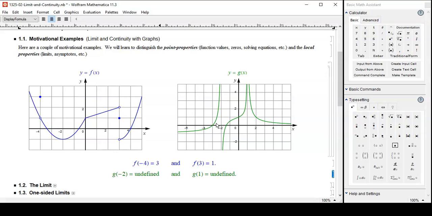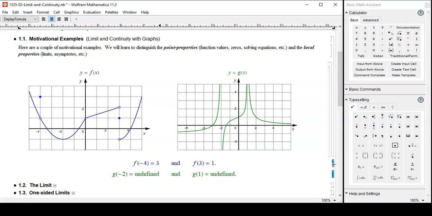To the left, blowing up to positive infinity. To the right, going down to negative infinity. See that? Around x equals 1, to the left, to the right, both are going up to positive infinity. So those are local properties, not just a single point, single x-coordinate value, but we are looking at infinitely many.